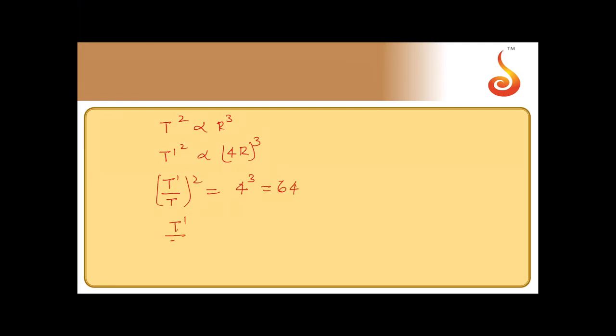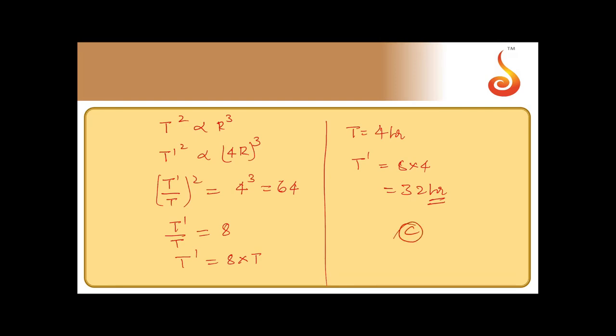So t dash by t is equal to 8. So t dash is equal to 8 times t, and they have given t is equal to 4 hours. So t dash is equal to 8 into 4, that is equal to 32 hours. So that is option C.